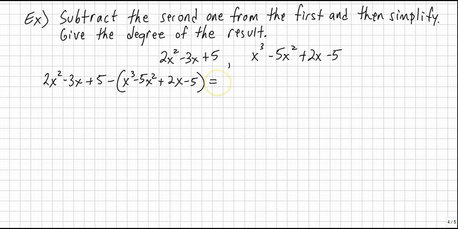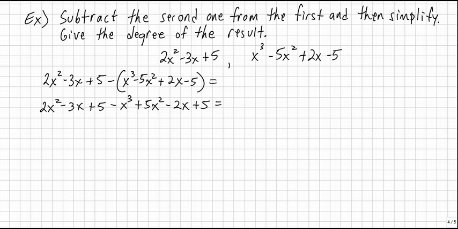So let's go ahead and distribute that negative. So this will be 2x squared minus 3x plus 5 minus x cubed plus 5x squared minus 2x plus 5.